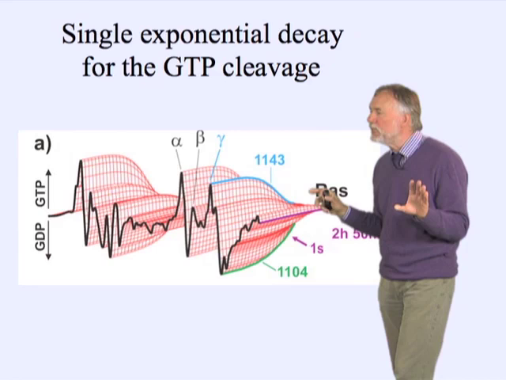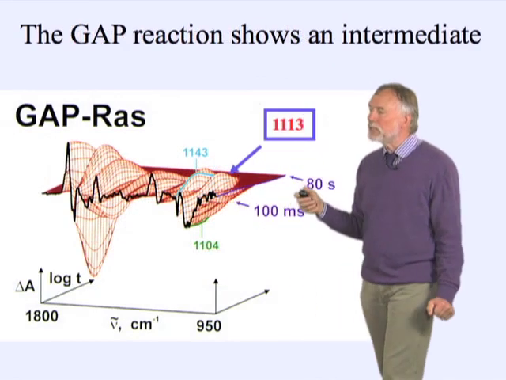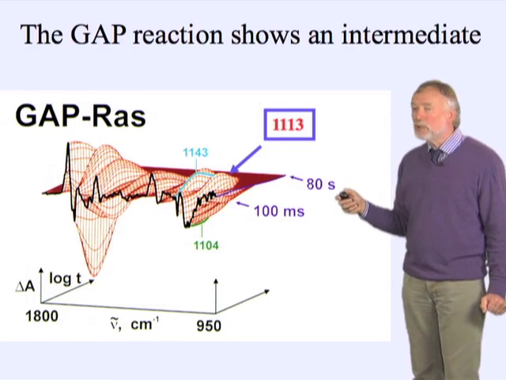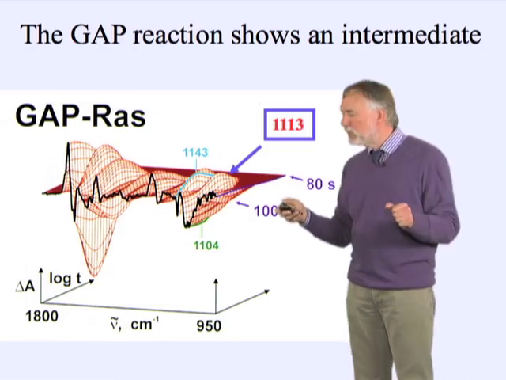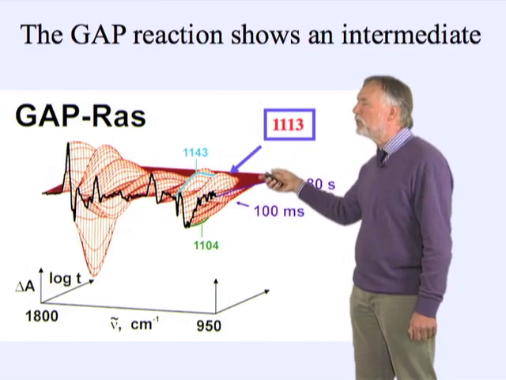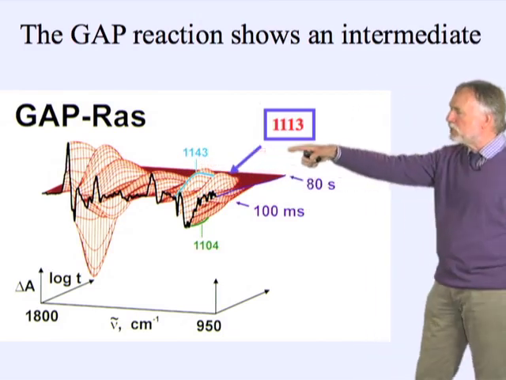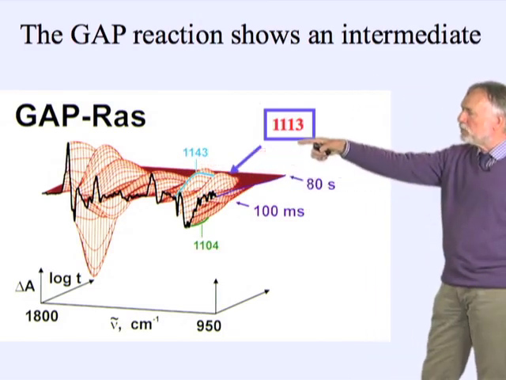No big deal. But what is interesting is when you analyze the GAP-mediated reaction, because now you don't see a single exponential decay, but you suddenly see intermediates appearing. You see peaks that come up and go down, and the most important one is indicated by this number, 1113. This is the frequency for that particular change.